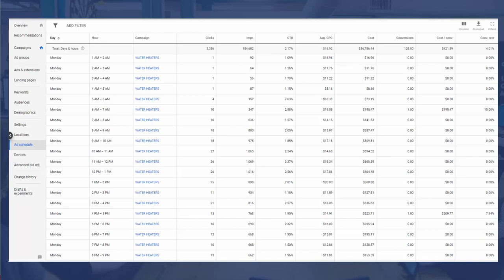I'm programming my ad schedule and putting the most amount of budget where I have the highest probability of success. And you can get that right in your AdWords account. You just have to pull a day and time analysis at the keyword level or the campaign level.